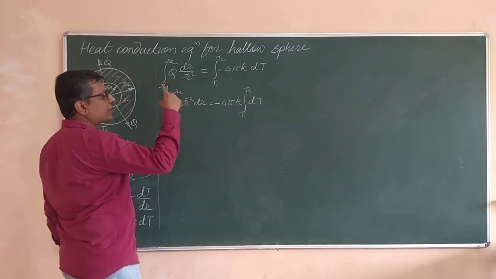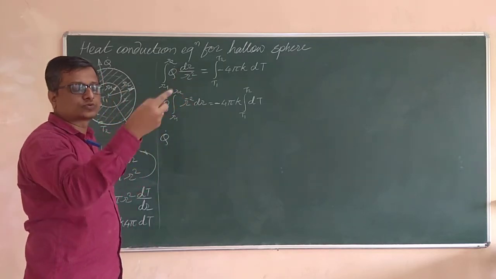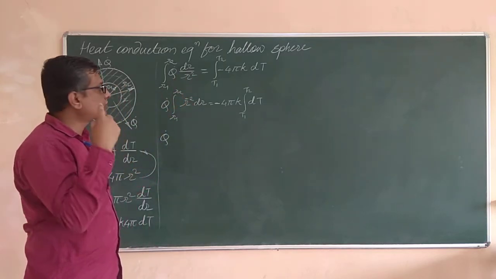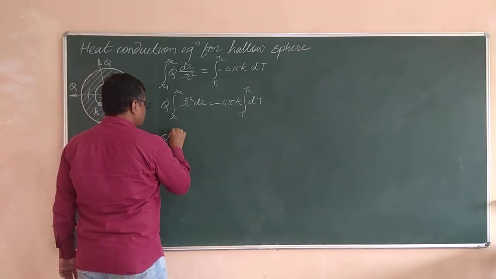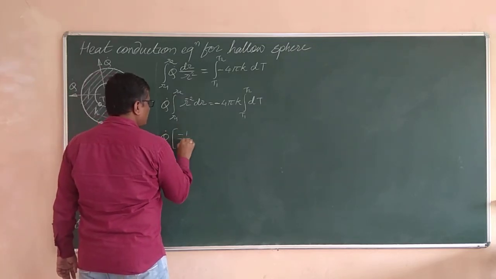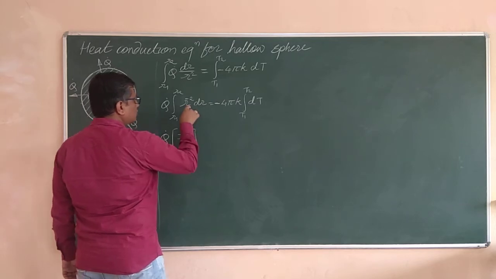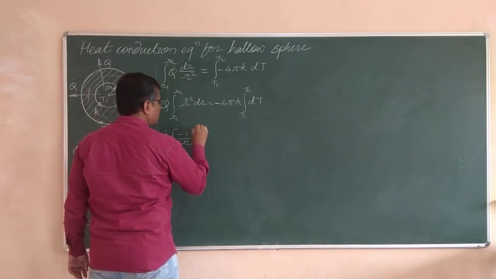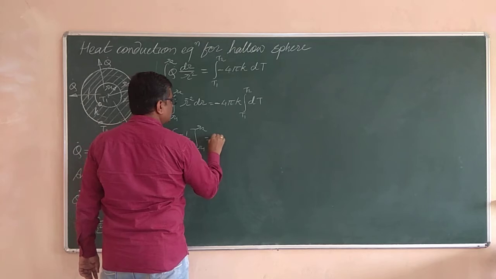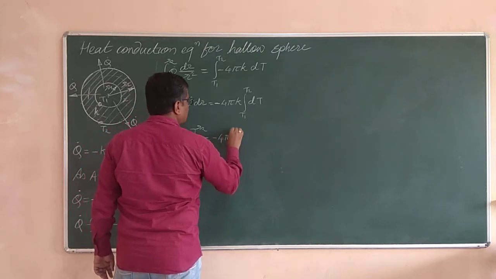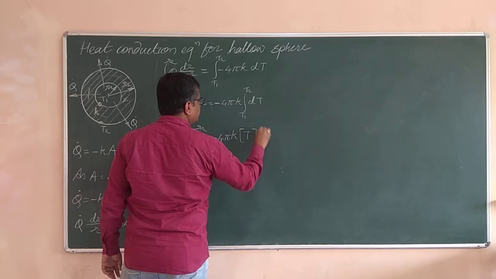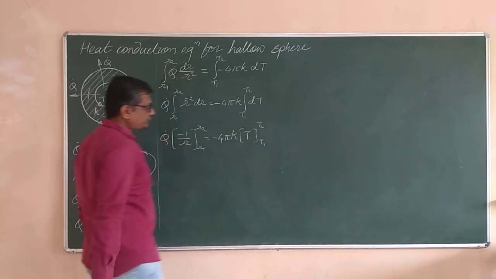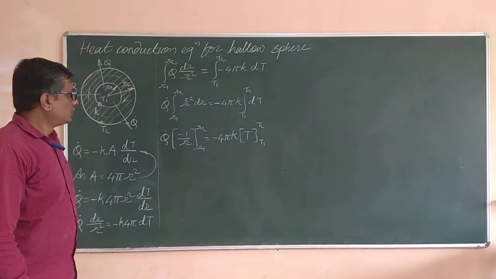The integral of r to the power minus 2 will be r to the power minus 2 plus 1 divided by minus 2 plus 1, that will be r to the power minus 1 divided by minus 1. In short, I can write this as minus 1 by r, the integral of r to the power minus 2 within the limits r1 to r2, equals minus 4 pi k, and the integral of dT is T within the limits T1 to T2, right?